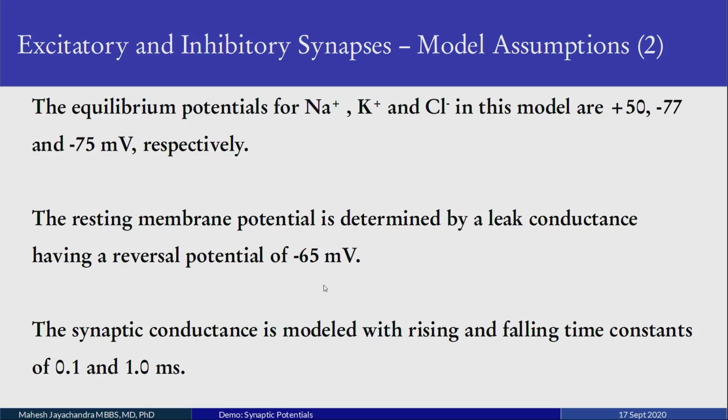Equilibrium potentials of sodium, potassium, and chloride in this model are plus 50, minus 77, and minus 75 respectively. The resting membrane potential is determined by a leak conductance having a reversal potential of minus 65 millivolts. And the synaptic conductance is modeled with a rising and falling time constant of 0.1 to 1 milliseconds.